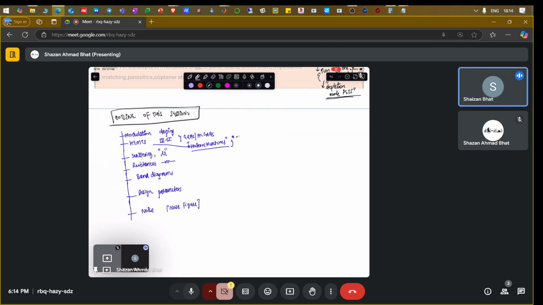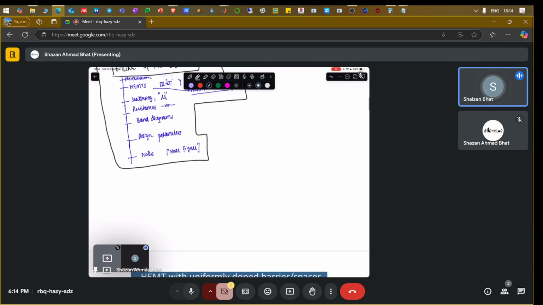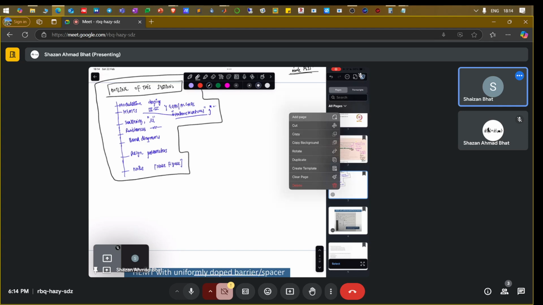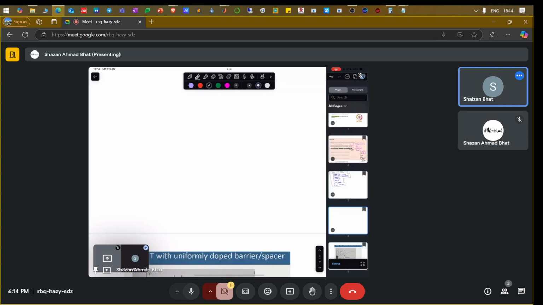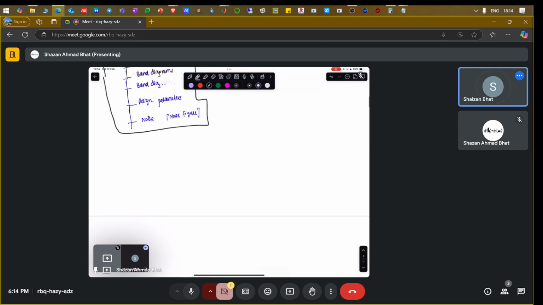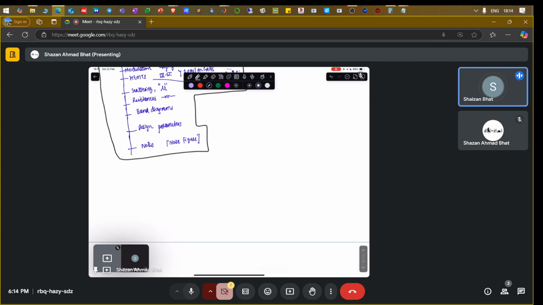Okay, so now how are we going to cover it? Let me just add a few more pages here. I guess there is some issue because my internet is lagging.